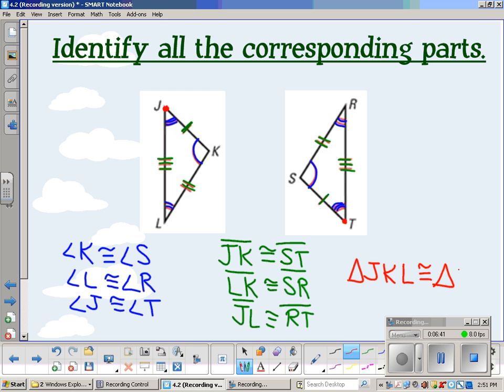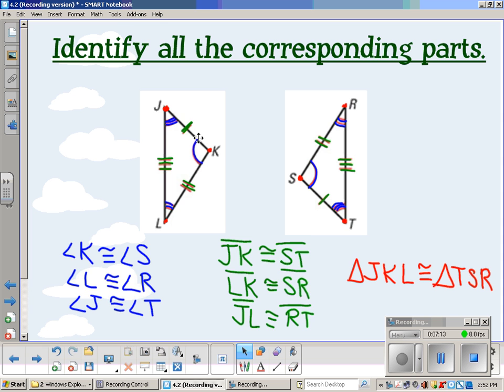So I have to start my name with T. Now K, right here, is the one that had the 1 arc marked on it, and that matches up with vertex S. So S is going to be my second letter, which leaves R, which matches up with L, both with the 2 congruent marks. So a correct congruent statement for these 2 triangles is that triangle JKL is congruent to triangle TSR.